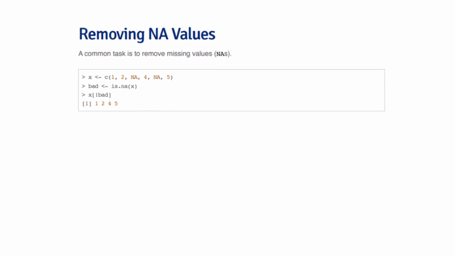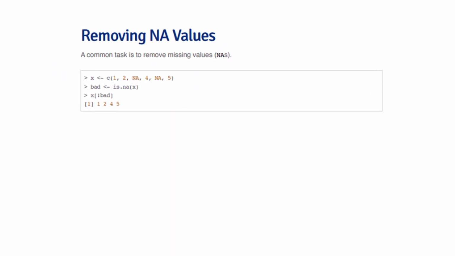Last thing I want to talk about is removing missing values or NA values from an object. This is a very common operation in data analysis because most realistic data have lots of missing values. And so the way you can do this for either a vector or a matrix or a data frame is you want to create a logical vector which tells you where the NAs are, so that you can remove them by subsetting.